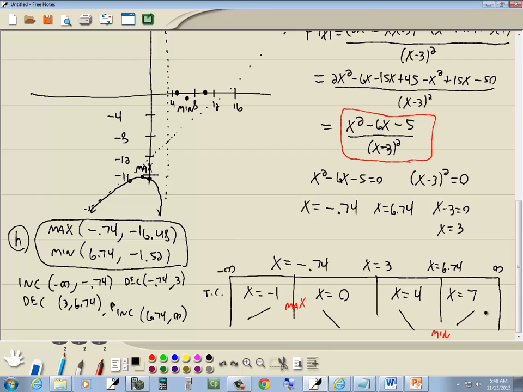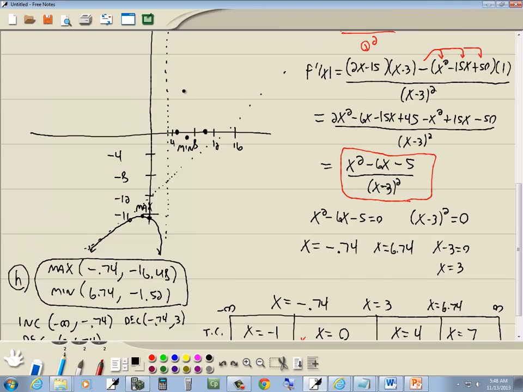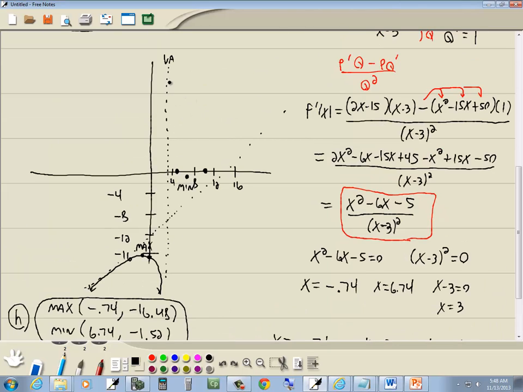Okay, our other one. From 3 to 6.74, it's decreasing. So it's decreasing, hits this minimum point, starts increasing. So sketch this. It's going to go down like this. It's going to pass through there, hits our minimum point, turns around, crosses the x-axis there, and skims that, going like that.